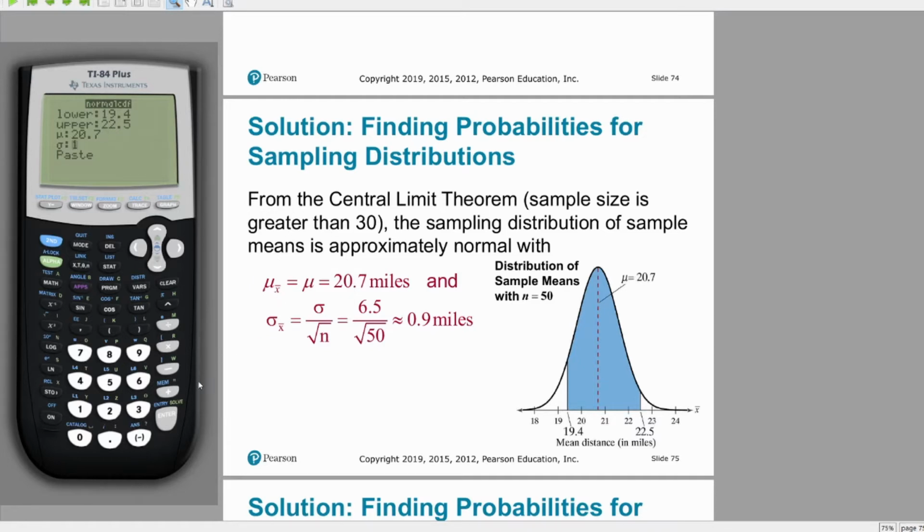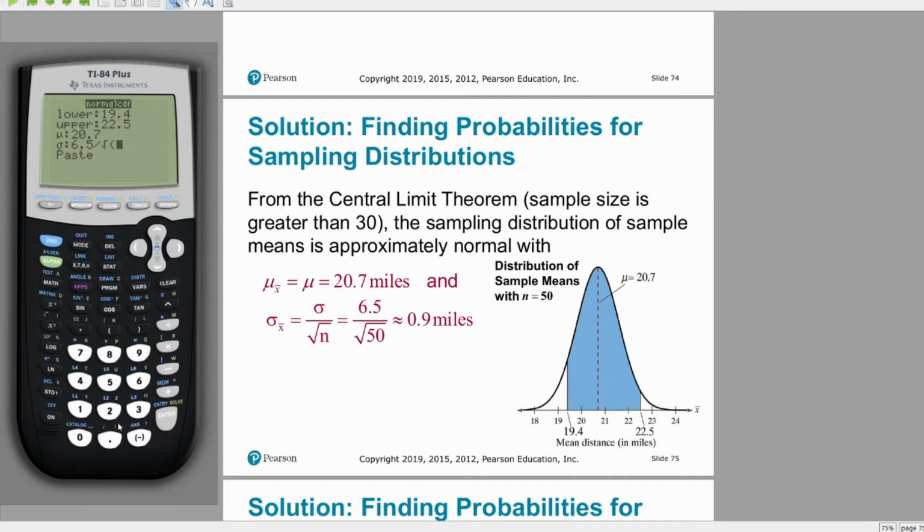And for sigma, the standard deviation, it's not enough to just take the value of 6.5 here. And the reason for that is when we're talking about the behavior of a mean, because a mean takes into account usually many values, in this case 50 values, we want to notate the fact that it has a lot less variation than just a single value.